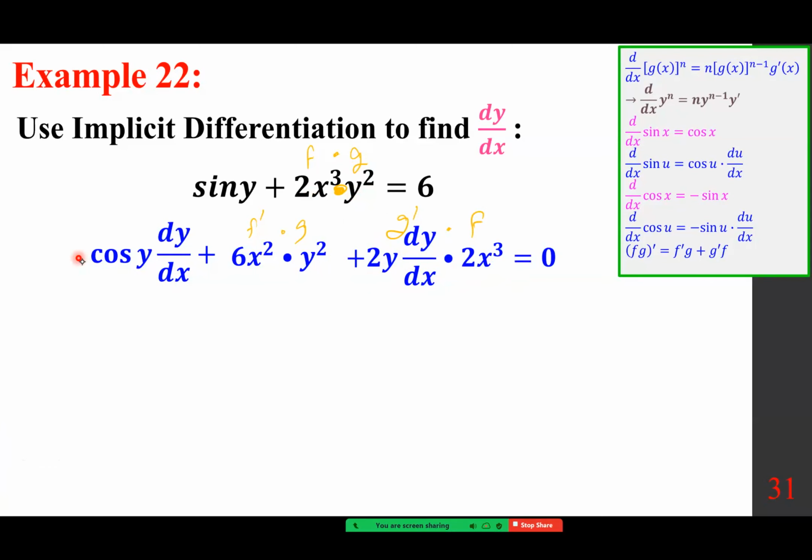So first, let's put these two together as 4x cubed y. I didn't change much, just this one I put in front. Since we want to solve for dy/dx, we are going to move this, and this one we take dy/dx as a common factor out.